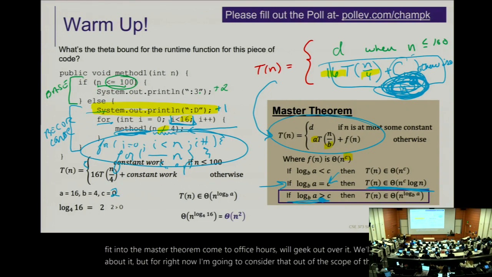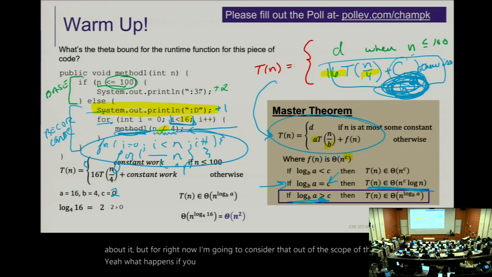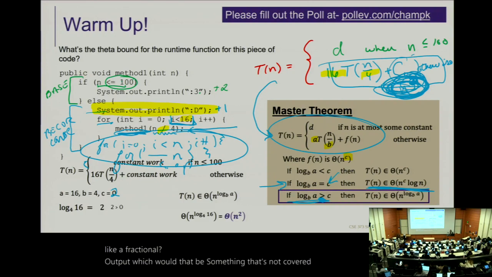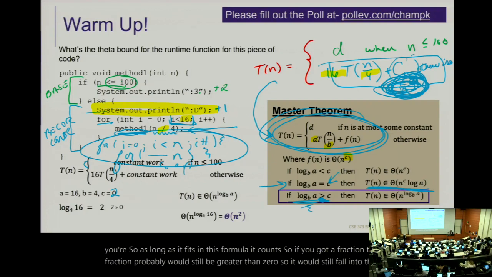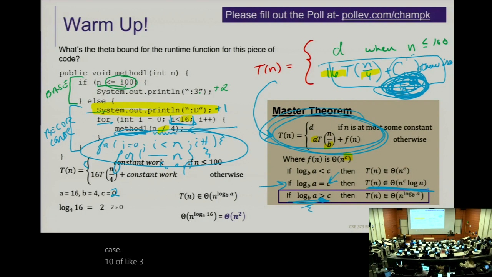What happens if you evaluate log base b of a in the third case of the master theorem and you get a fractional output? Would that be something that's not covered in the master theorem then? As long as it fits in this formula, it counts. If you got a fraction, that fraction probably would still be greater than 0, so it would still fall into this case. Okay, so if you got theta of n to the 3 halves, for instance, would you categorize it as n to the 1, so n, or as n to the 2?